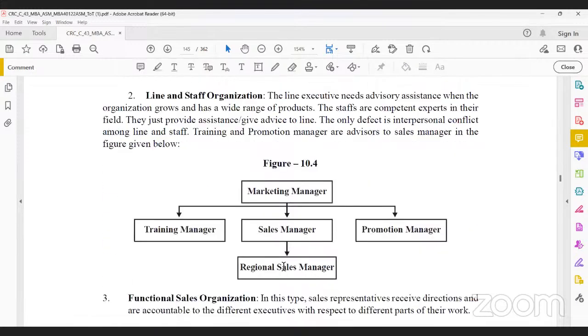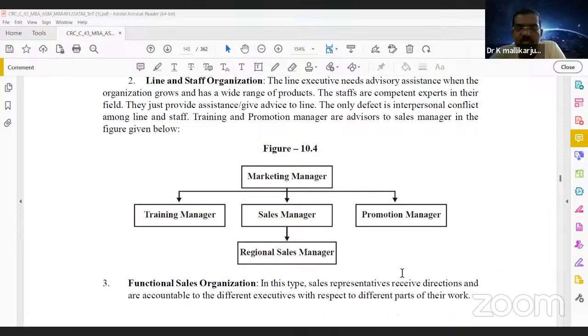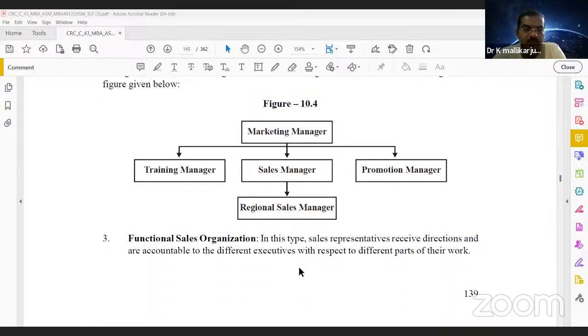So line and staff: marketing manager, training manager, sales manager, promotion manager, and the regional manager. The structure is different from organization to organization, and it may differ for domestic companies, multinational companies, and regional companies also. Basically, it depends on the scale of operations.